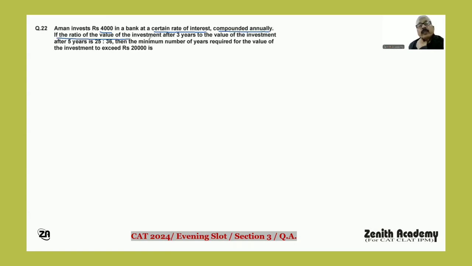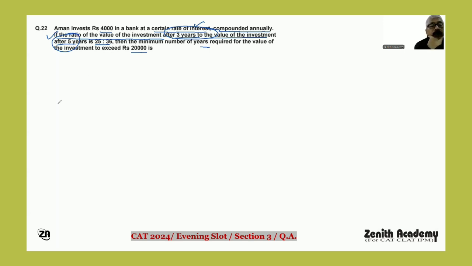If the ratio of the value of the investment after 3 years to the value of the investment after 5 years is 25 by 36, then the minimum number of years required for the value of the investment to exceed rupees 20,000. Okay, so look, ratio is given.